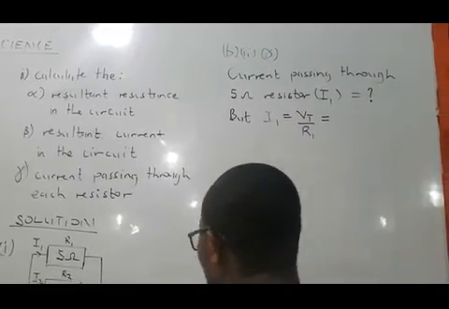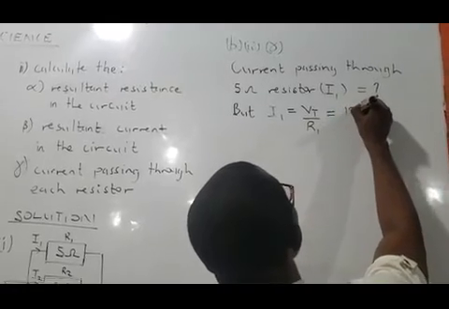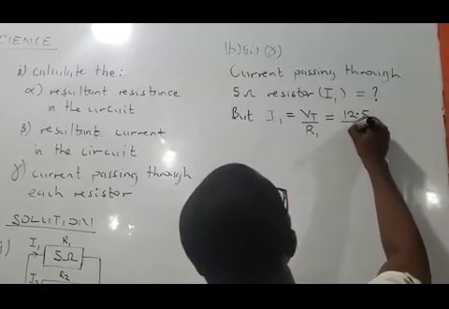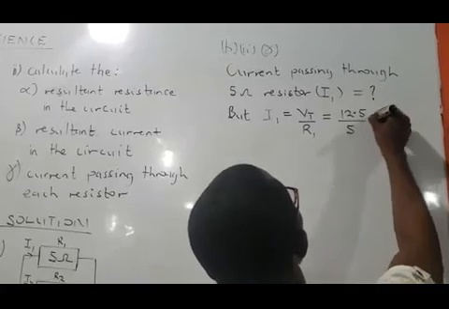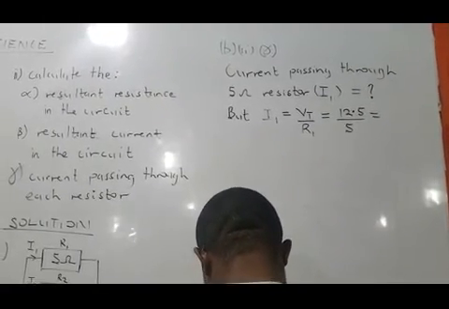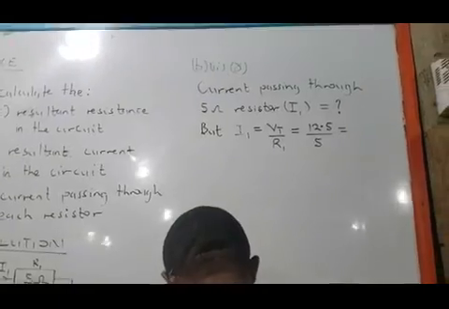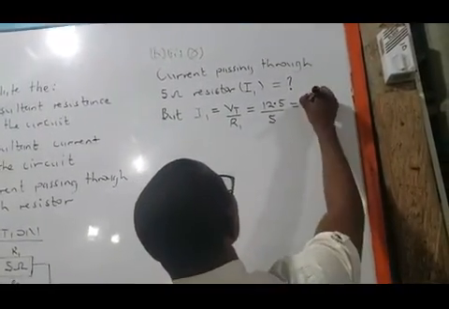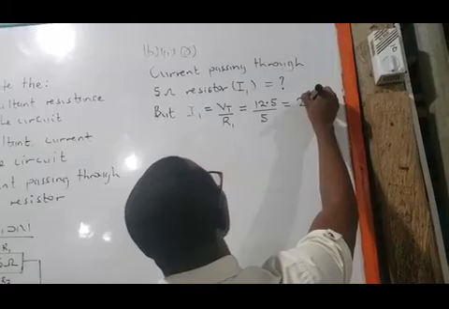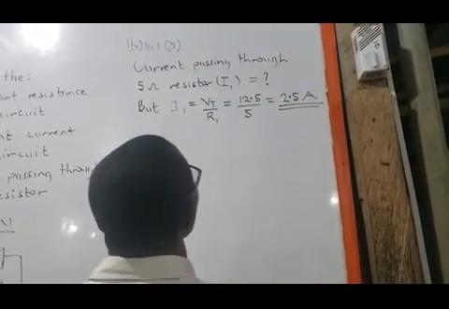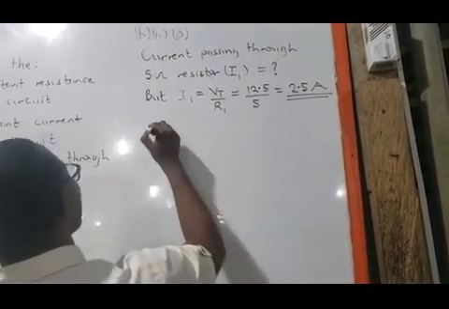That will be 12.5 over R1, which is 5. And that will be equal to 2.5 amperes. So that's the current flowing through the 5 ohm resistor.